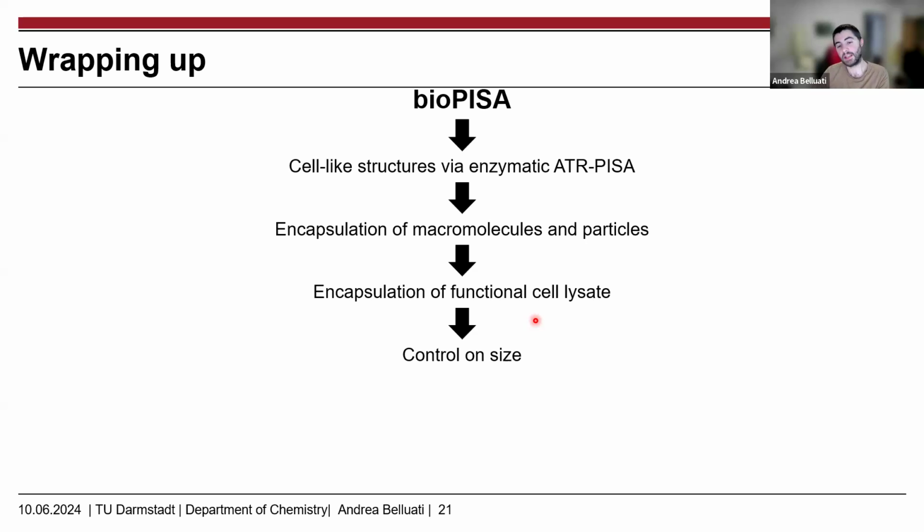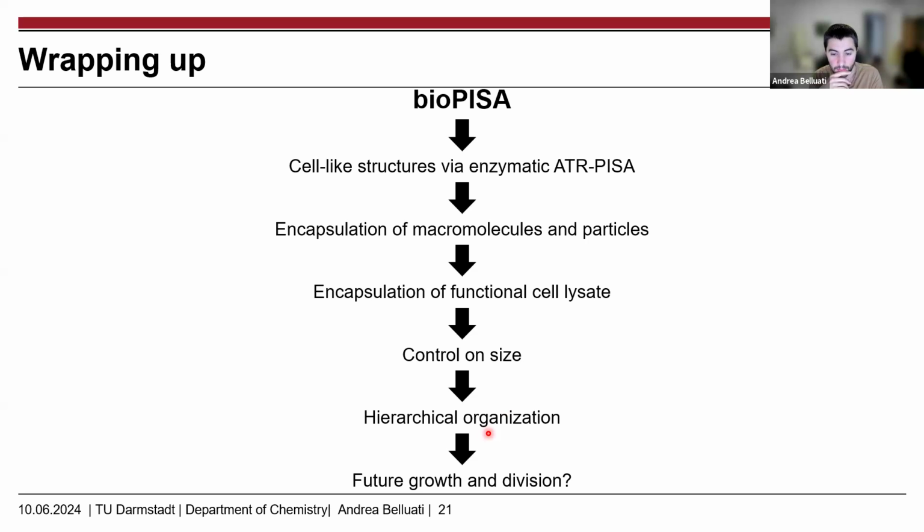We are achieving control of the size and the shape of these vesicles. We can achieve a hierarchical organization, so compartments, new membranes, and whatnot. And future work will be on the growth and the division of these artificial cells to bring the concept of self-sustaining artificial cells to the polymer world.